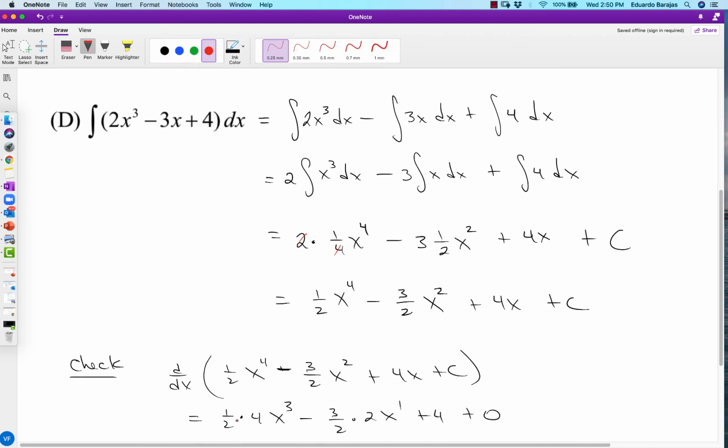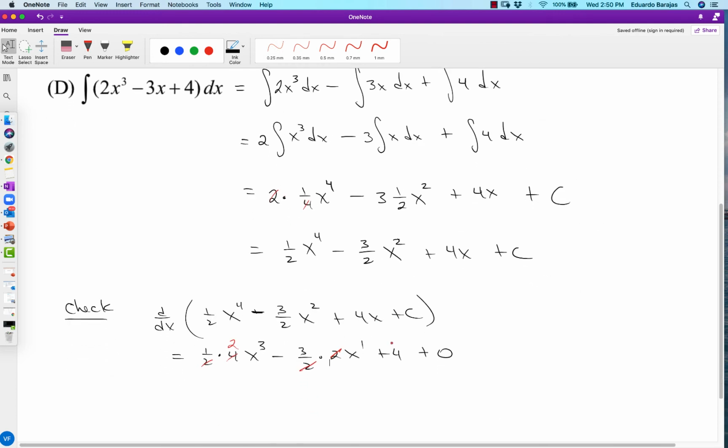Now 2 goes into 4 twice, and this 2 and this 2 cancel, so we get exactly what we were expecting. This becomes 2x to the 3rd power minus 3x plus 4, which is exactly what we started with in the integrand. That matches, which confirms for us that in fact we do have the right answer. So this is our answer.